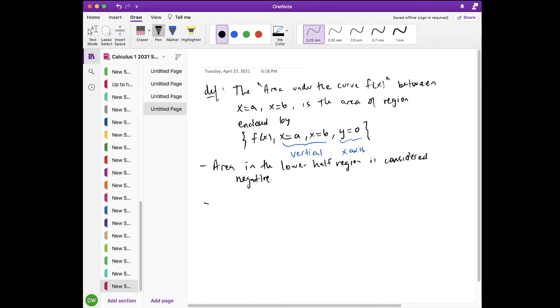Later we'll talk about something called total area, which turns the negative areas into positive.